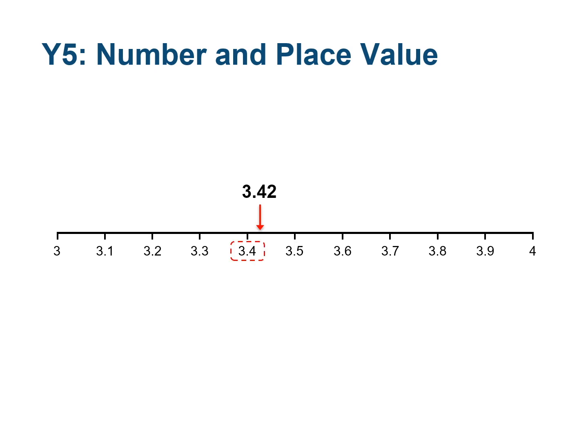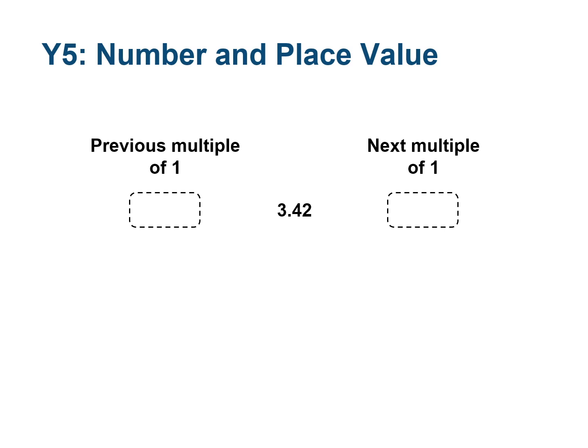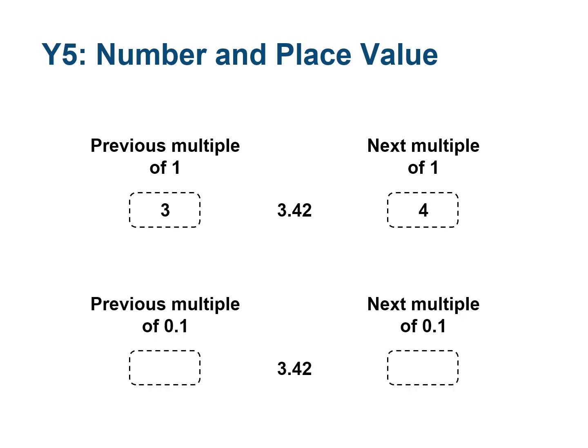It's important that pupils understand that the point of rounding is to give an approximate value. Pupils should also be able to do this without a number line, and round to the nearest integer and the nearest multiple of 1/10.